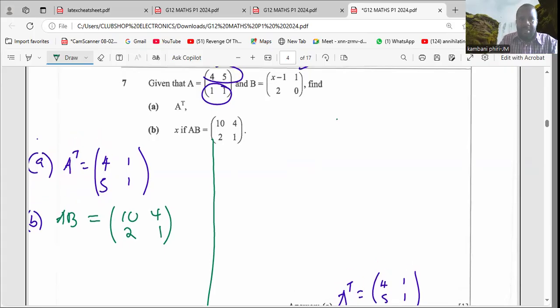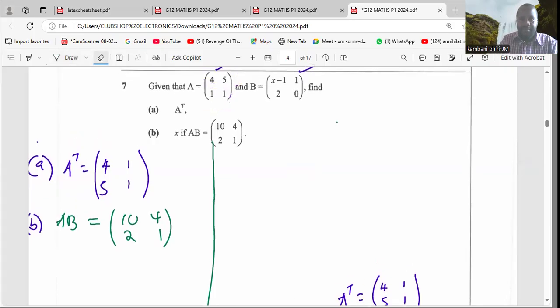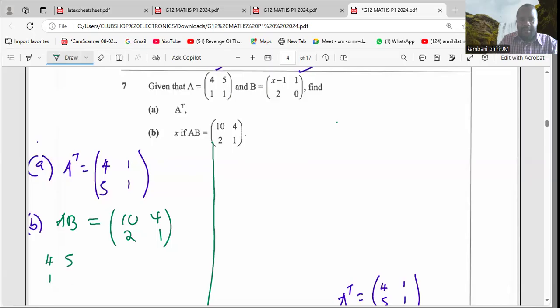So what is our A? Our A is [[4, 1], [5, 1]] times, what is our B? [[x minus 1, 2], [1, 0]]. And this must be equal to [[10, 4], [2, 1]].